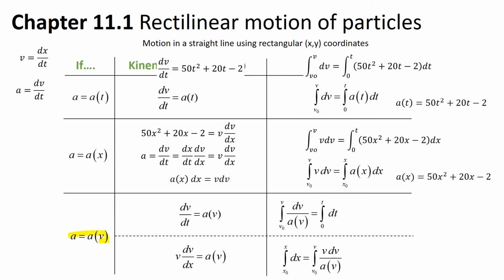The third scenario is something where we have acceleration as a function of velocity. Once again, we have an equation. This time the equation has a bunch of v's in it instead of a bunch of x's or a bunch of t's. This would be like for a drag situation, moving through water or moving through air. Okay, start with that basic equation. Acceleration equals dv dt.